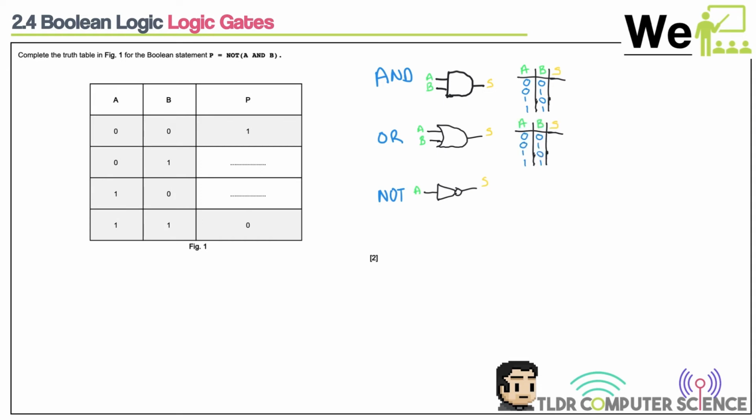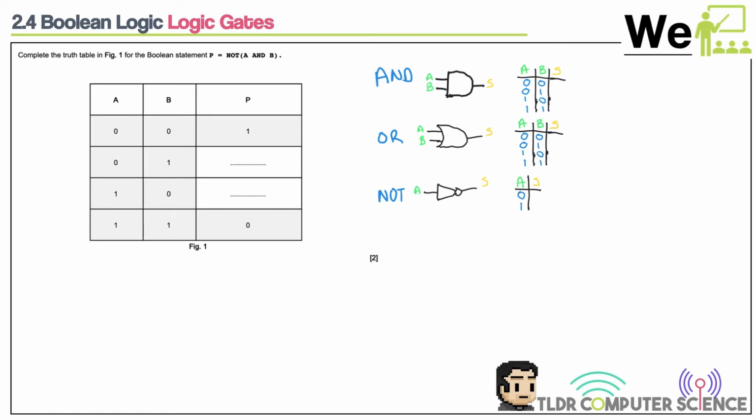We are going to need the same with an OR gate. With the NOT gate, you can see it's going to be different because actually we've only got a single input A, a single output S, and then we can draw our little more condensed truth table. But this time, all we have is A being 0 or A being 1.